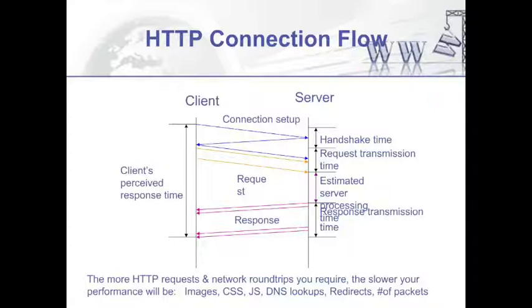That's what the slide here is showing us: we can see how the connection is set up. There's a handshake that goes on there. Then the request is made. The server thinks about it a little while. You'll see there's a gap there between those arrows. That's really the server duration, and we'll talk a little bit about that.